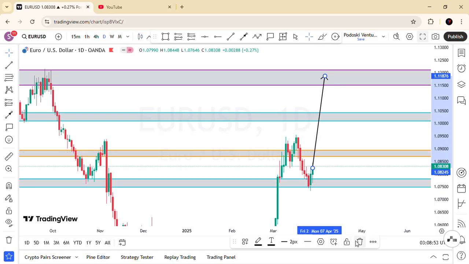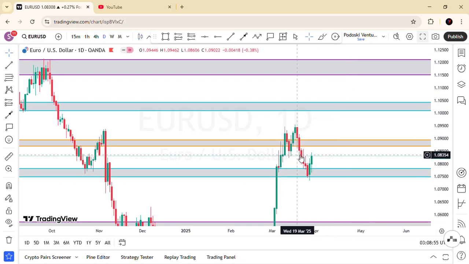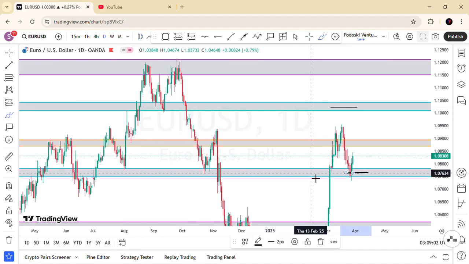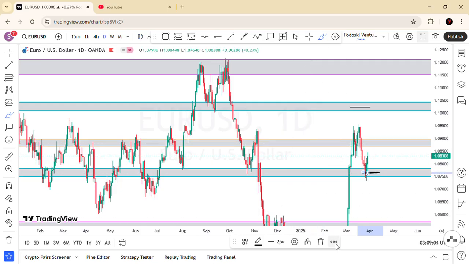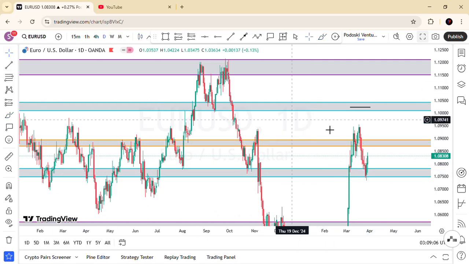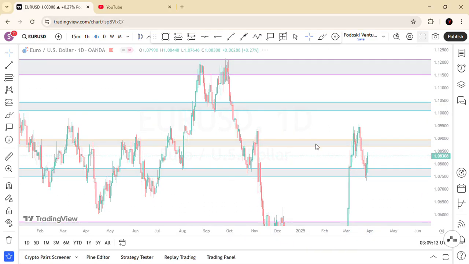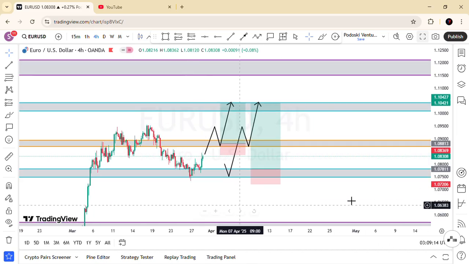We have my daily supply and my daily demand. So this is good on my end, and since this is EURUSD, let's go to the 4-hour time frame and look for an entry.